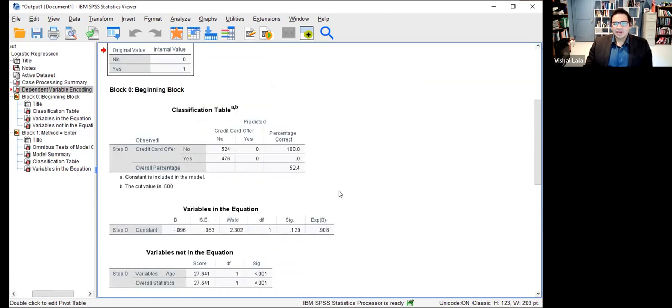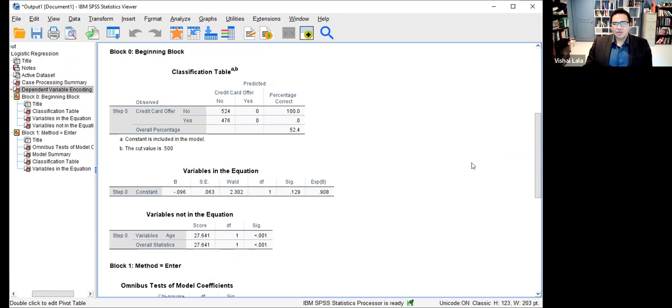Now, in the Logit output in SPSS, there are typically two blocks, a beginning block or block 0 and a block 1. There may be other blocks too, but this is the basic you're going to see. Your beginning block is like your baseline model. The baseline model essentially is a model with no predictors.